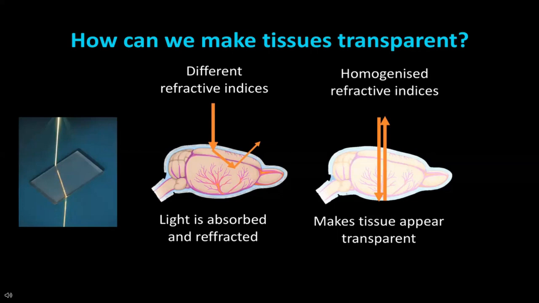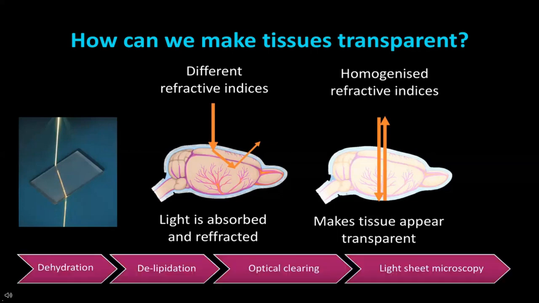So this will make the tissues appear more transparent. And the basic steps that we use are dehydration, delipidation, the optical clearing, so substitution of refractive indices using another solution, and then we can use it for light sheet microscopy.